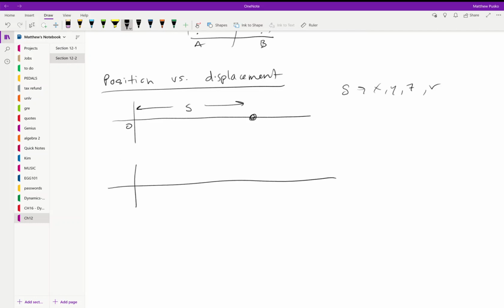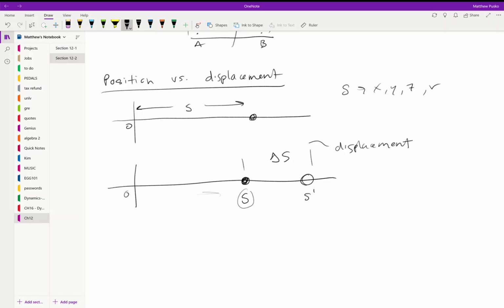is, let's say we have an origin, but our particle starts at some point S and then moves over to some S prime. The position, or the letter S, describes the position from the origin, same as S prime. But if we look at the difference between the two, or delta S, that is what we call displacement.